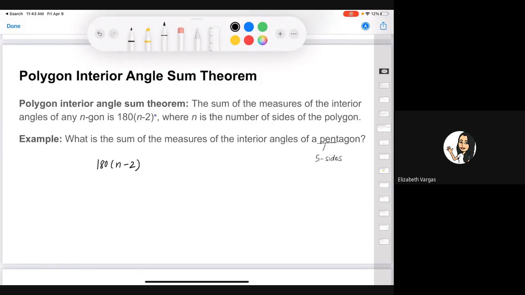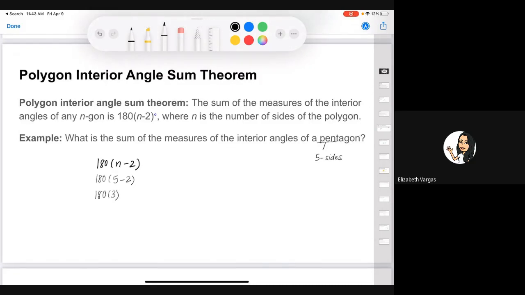I'll substitute n for my number of sides, which is 5. By doing this, I'll be able to identify the sum of all the interior angles of my pentagon. So 180 times 3 is 540. So all the angles of my pentagon will equal 540.